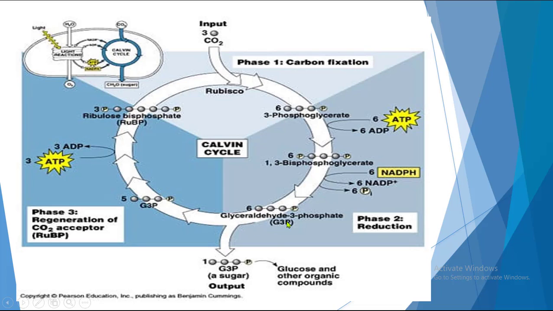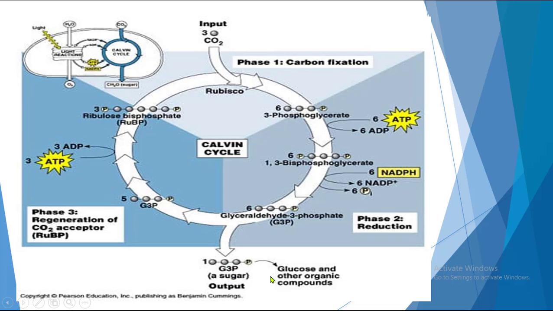Out of the 6 glyceraldehyde 3-phosphate, or 6 G3P molecules, one leaves the cycle, as G3P is a 3 carbon containing compound. This leaves the cycle and forms the glucose. The glucose is not formed directly in the dark reactions; rather, in the dark reactions G3P is produced, which is a 3 carbon containing carbohydrate.